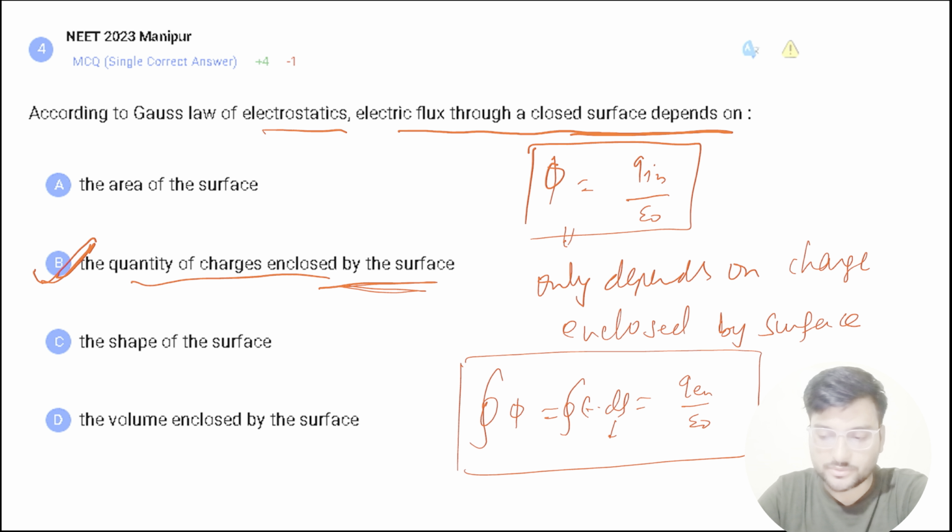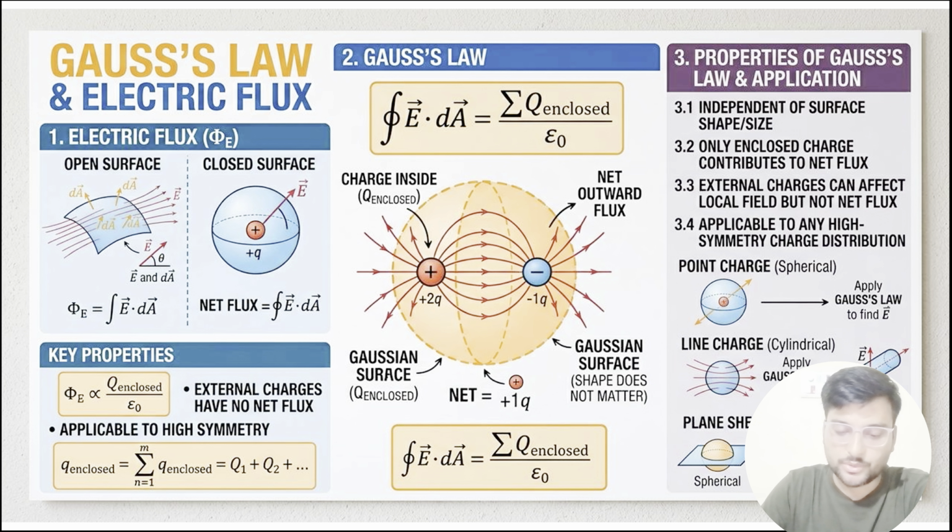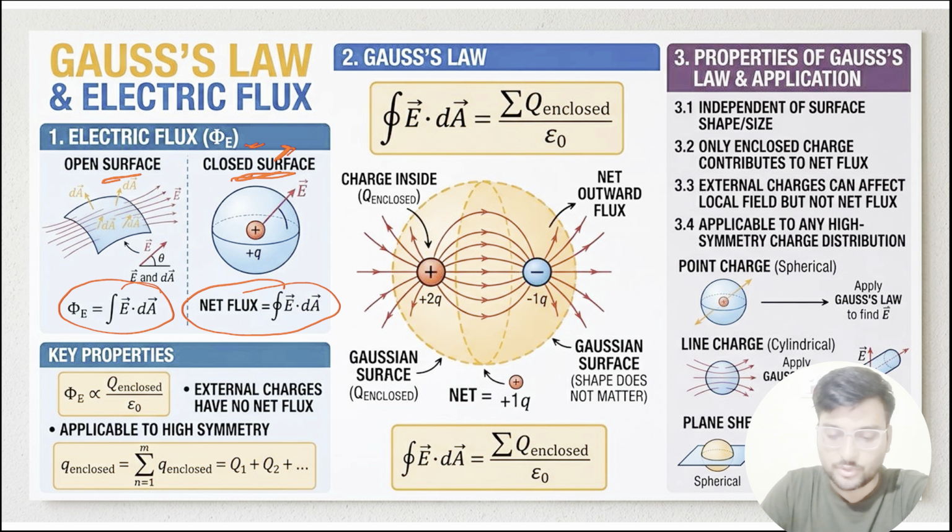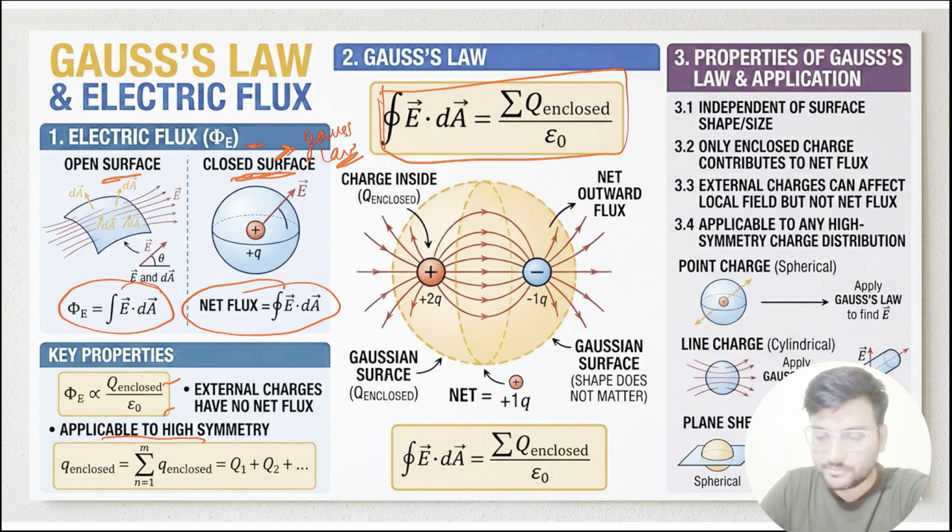For an open surface, the flux formula is this one. For a closed surface, this is called Gauss law, children, okay? Now phi is equal to q enclosed by epsilon. This is the application of Gauss law. So these are the main formulas of Gauss law. You should remember the formula and basic things about Gauss law.